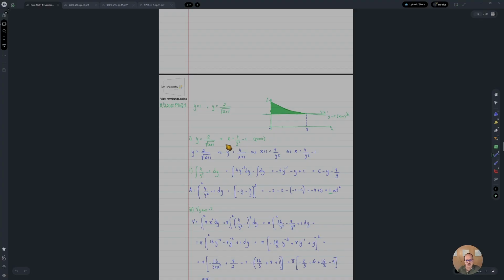The expression that you have here. And after doing that, I substituted the limits of integration, and I have 1 unit squared.